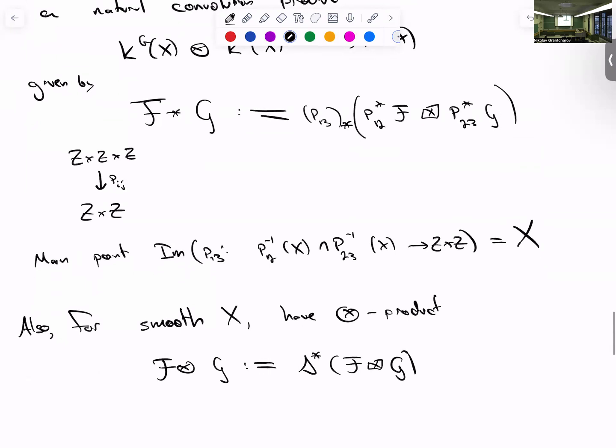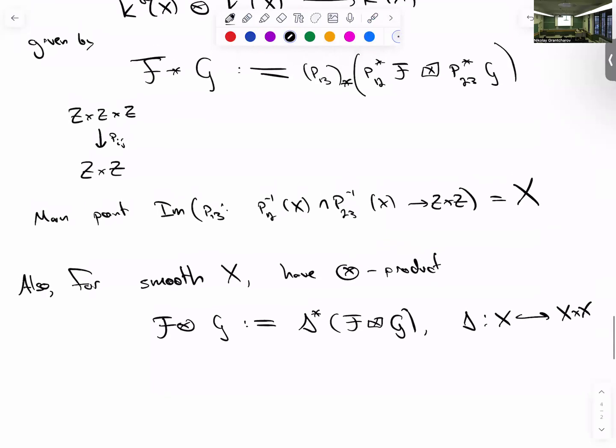Here, delta is just a diagonal inclusion. The reason why we need smooth here is because in general, the tensor product need not preserve coherence, but it does for smooth varieties.